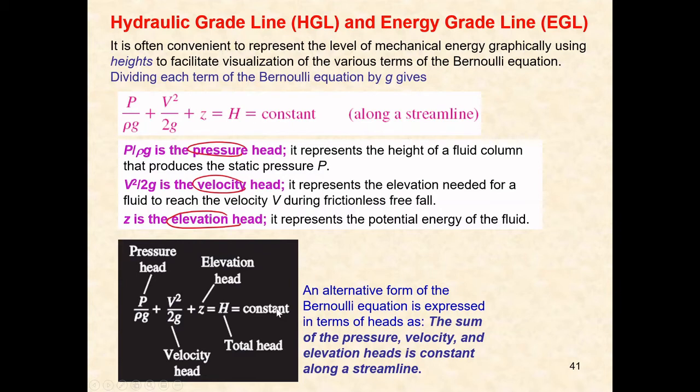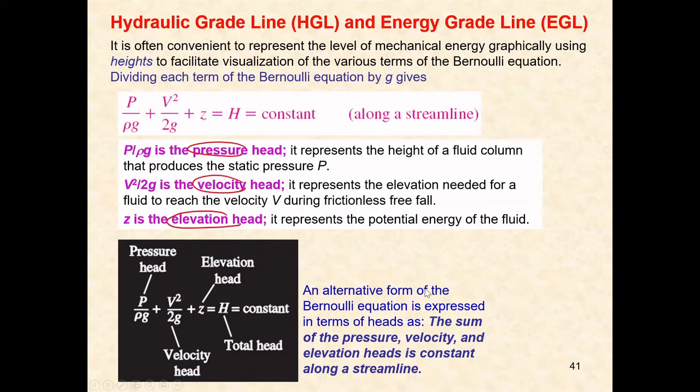If you follow the same streamline and compare the energy between one point to another, let's say point 1 to point 2 on the same streamline, you get the same total head. That's what the constant here is trying to say: the energy on the same streamline at different points is the same.